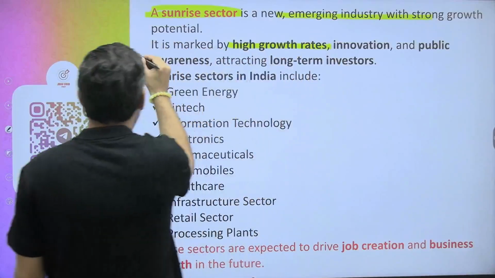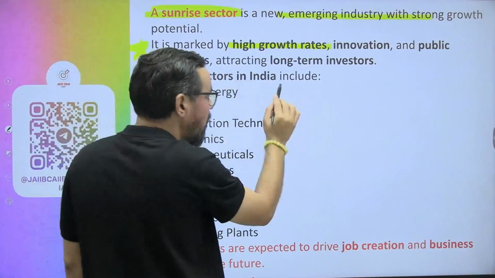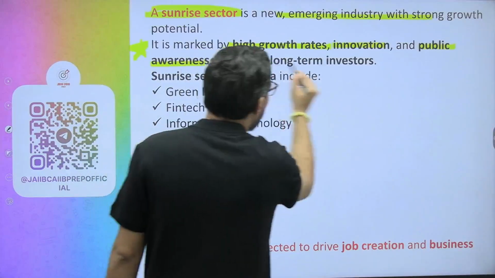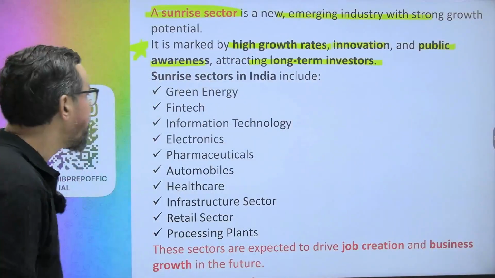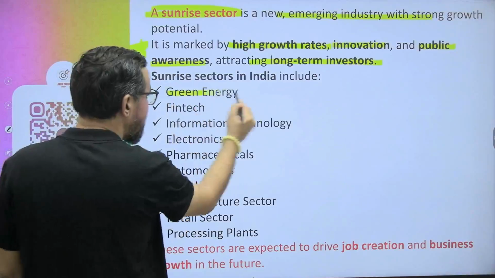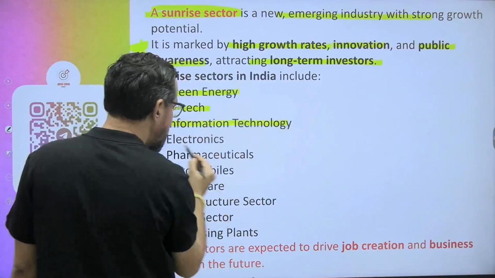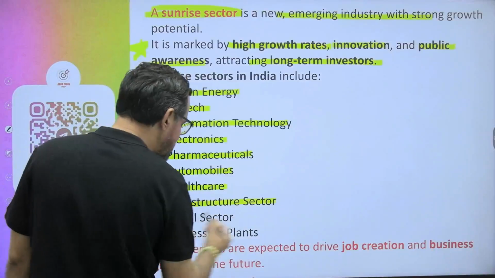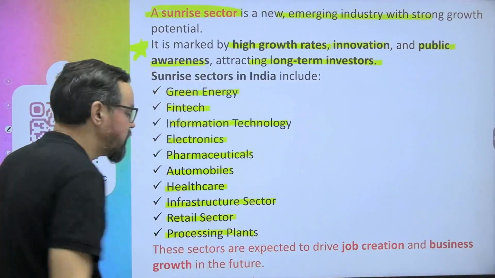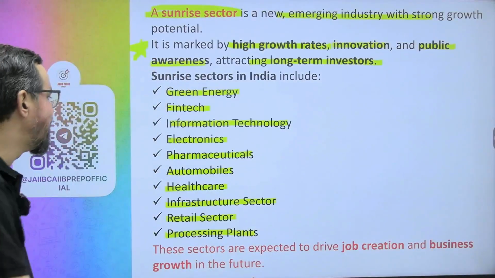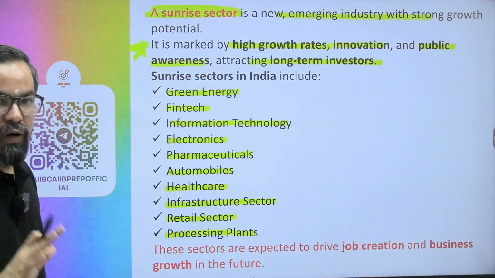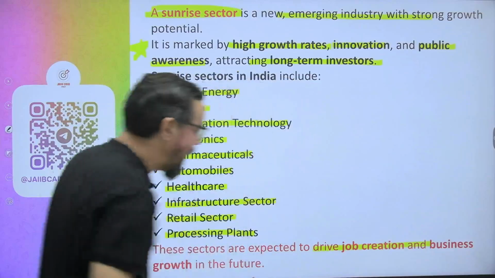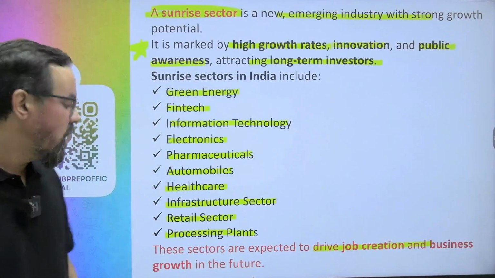This point is very important for all of us: high growth, innovation, public awareness, attracting long-term investors. Sunrise sectors can be green energy, fintech, information technology, electronics, pharmaceuticals, automobiles, healthcare, infrastructure, retail sectors, processing plants and so on. They are majorly categorized as sunrise sectors for the Indian economy. These sectors are expected to drive job creation and business growth in the future also.